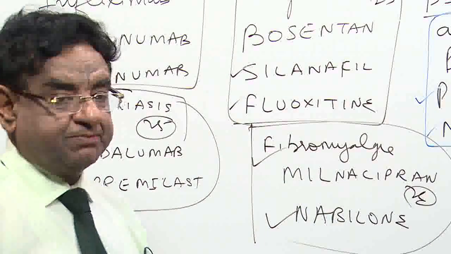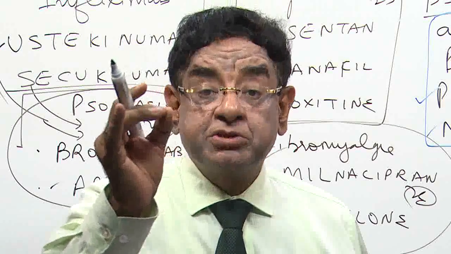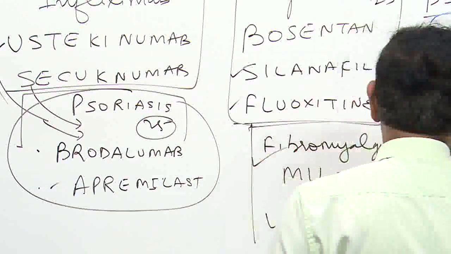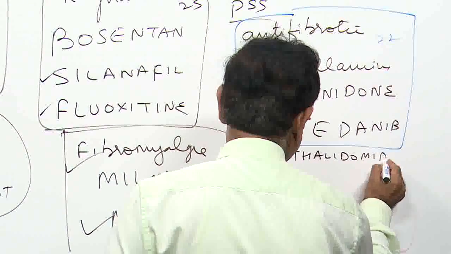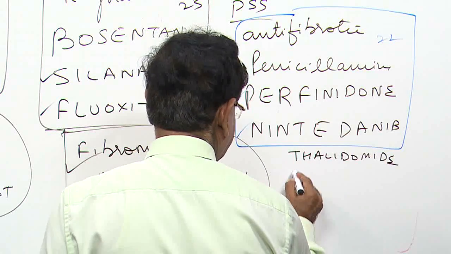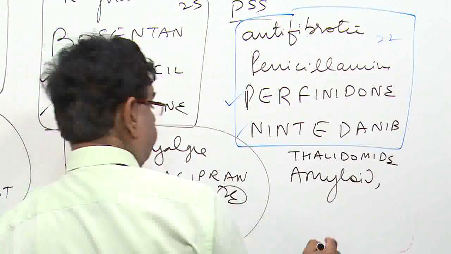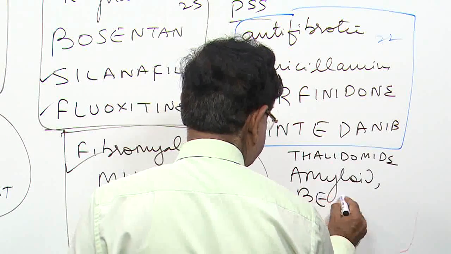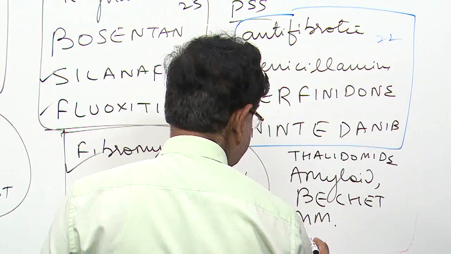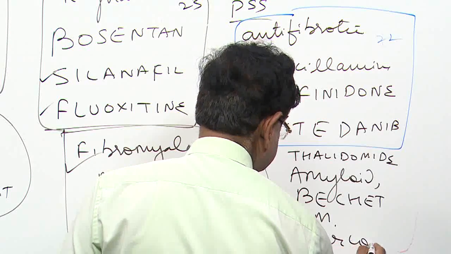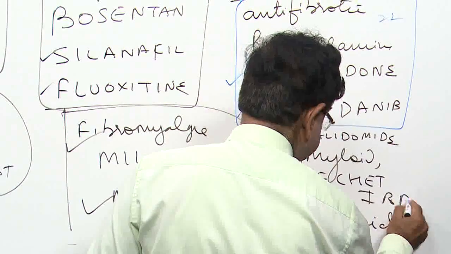Box 26. Last but not the least, nowadays they are often asking about uses of thalidomide. So thalidomide we are using in the following conditions: amyloidosis, Behçet syndrome, multiple myeloma, sarcoidosis, and inflammatory bowel disease also.